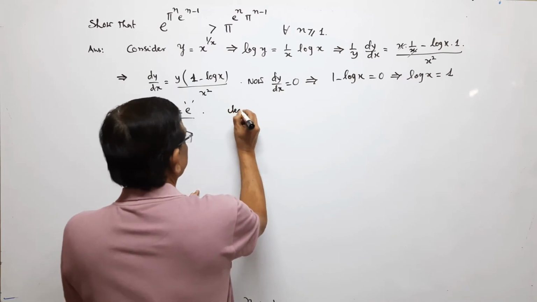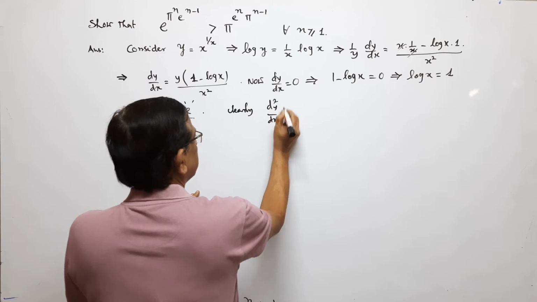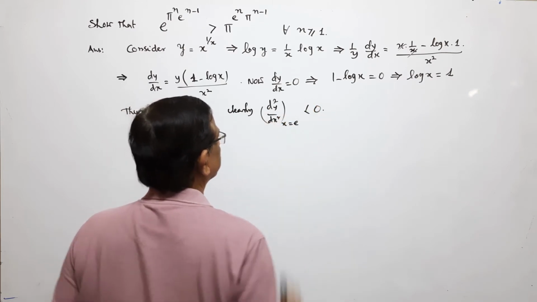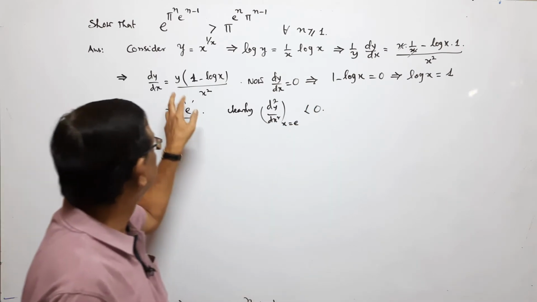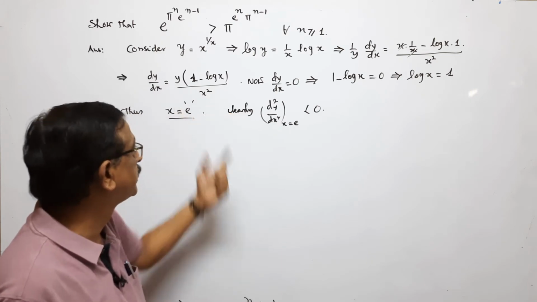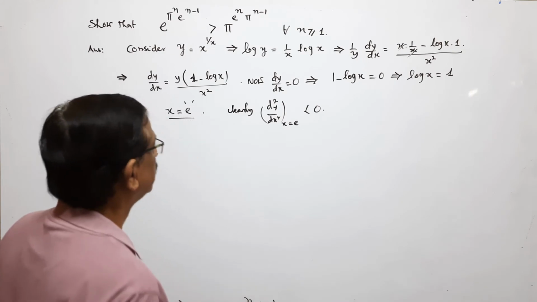Clearly, d square y by dx square at x equal to e is negative. Simply, find out the derivative of dy by dx, which is d square y by dx square. That will be negative at x equal to e.